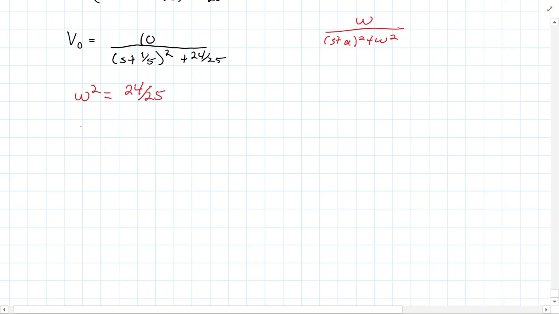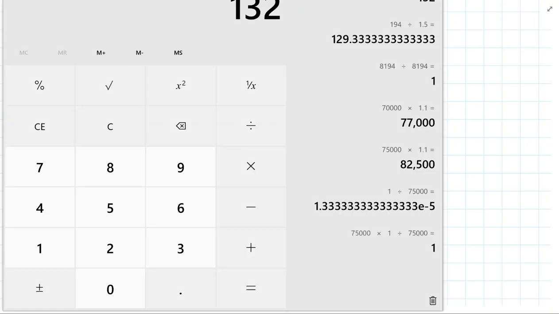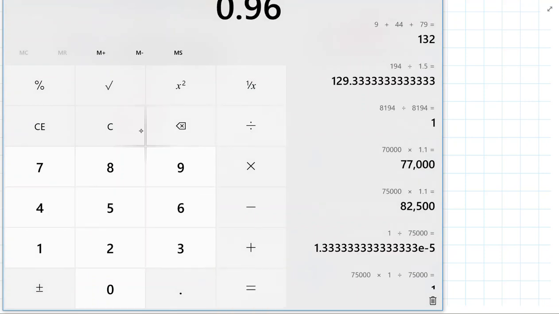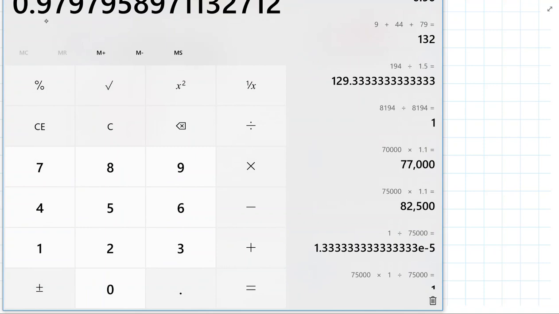That's just what it is. But I can do that. Find out what omega is. It's just the square root of 24 over 25, which we can again approximate. Using my awesome Windows calculator, 24 divided by 25, square root of that, is 0.9797, so we'll say 0.9798.